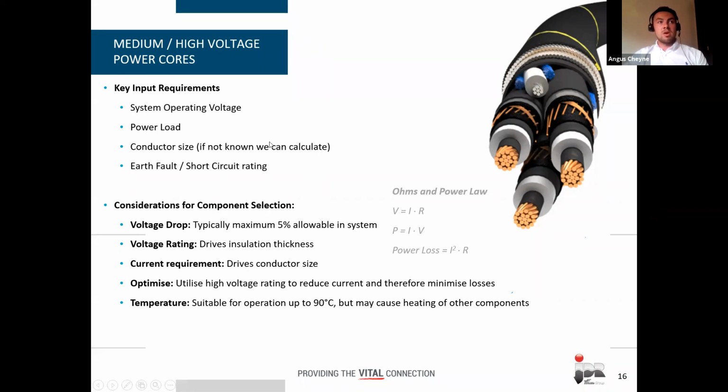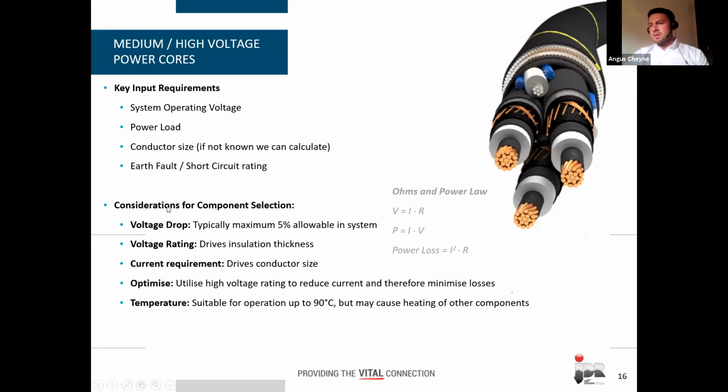However, it is quite common that we get inquiries where the load or the current that's required to be transmitted isn't provided. And that really is an important input in order to assess whether the cable itself is actually fit for the project requirements. It's also important to know the earth or the short circuit rating, as this can also affect some of the aspects of the cable design, in particular the screen itself.